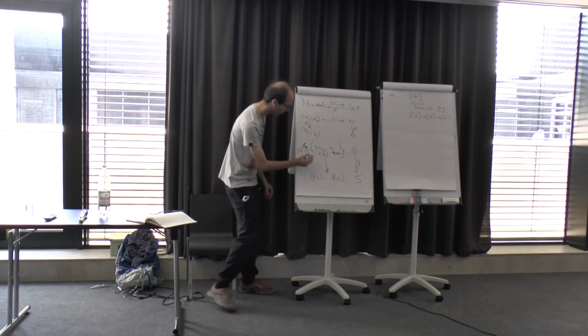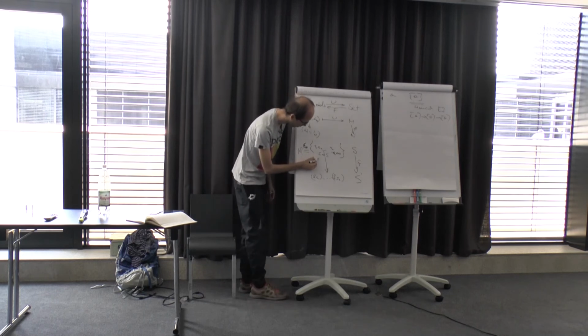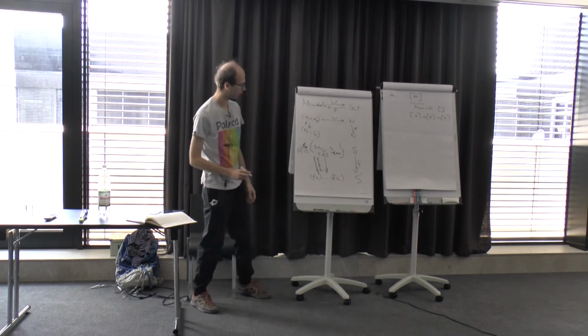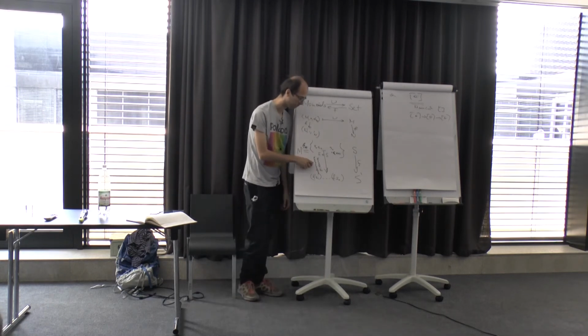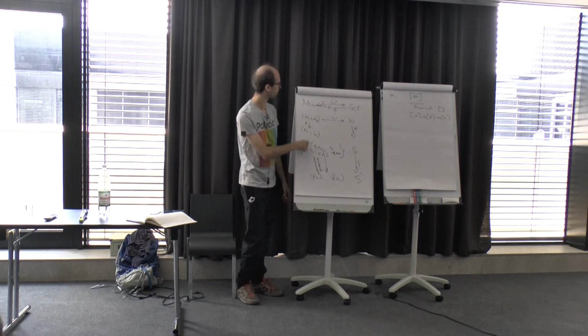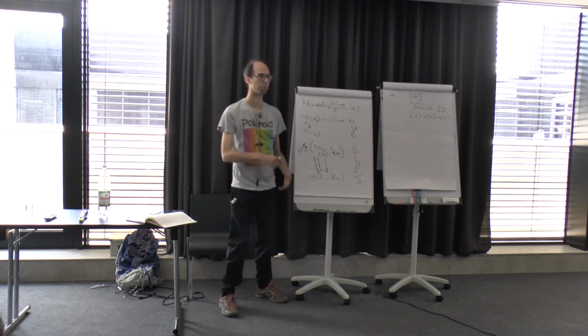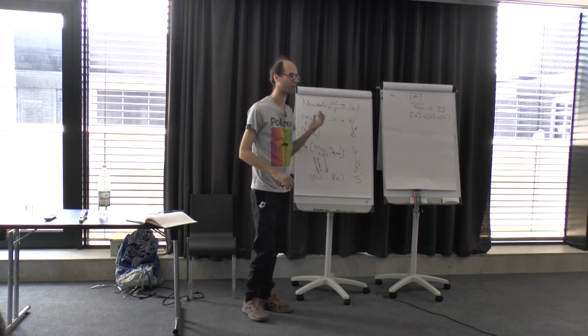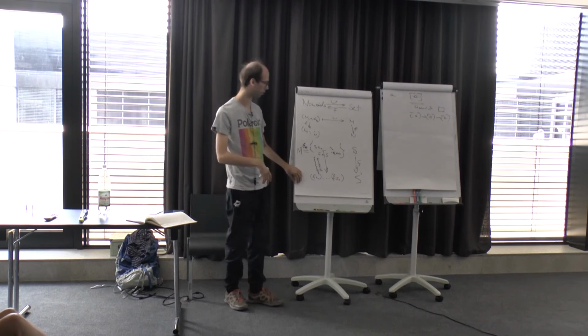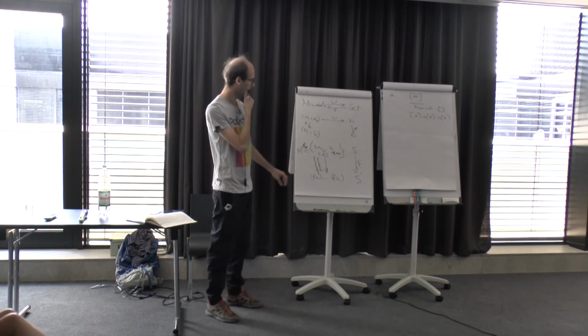So this is a nice monoid homomorphism. I'm not sure if I defined what a homomorphism is, but this is what mathematicians use for maps between algebraic structures, like monoid homomorphisms, group homomorphisms, and so on.